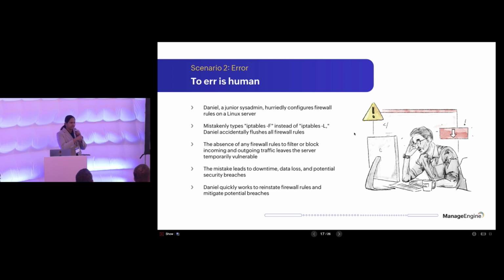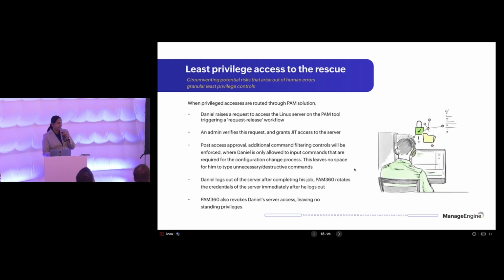But this could have powerful ramifications if it is not routed through a PAM tool or if there is no credential security in place, right? So this can be handled by least privileged access. When you have employees like Daniel who are prone to making mistakes, just like us, you need to ensure that the commands they run on a daily basis are strictly restricted. When you have a PAM tool deployed, it can ensure that users like Daniel can only run certain commands and they can't run sensitive commands.